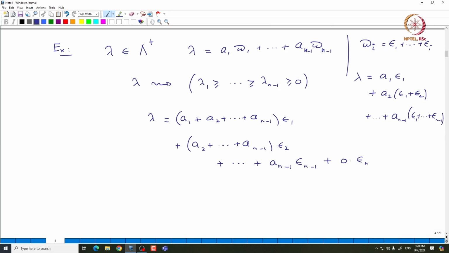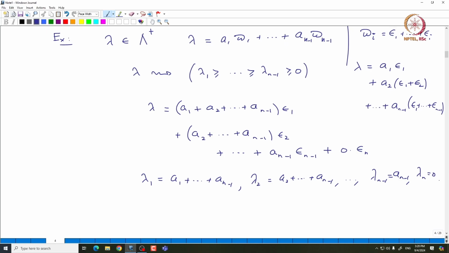Now, we will think of the epsilon n coefficient as being 0. So, it is clear that lambda corresponds to lambda 1 being a1 plus etc. plus a n minus 1, lambda 2 being a2 plus etc. plus a n minus 1, and so on. Lambda n minus 1 is a n minus 1, and lambda n is 0. So, this is the partition that you get starting from lambda being dominant.